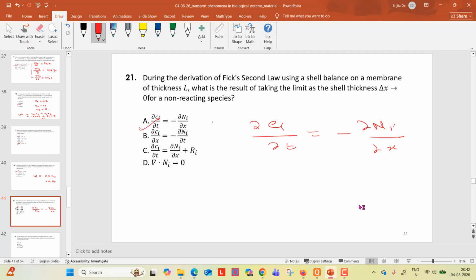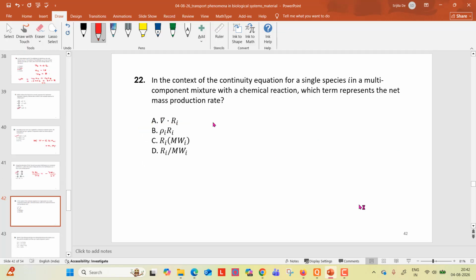Next, in the context of the continuity equation for a single species I in a multi-component mixture with a chemical reaction, which terms represent the net production rate? So it is Ri, the reaction rate, and the molecular weight of the reaction product. Option C. Next.